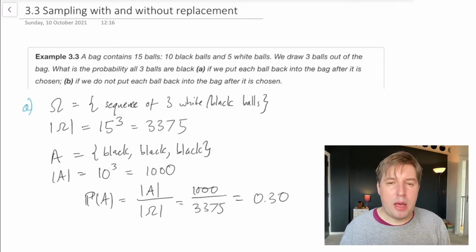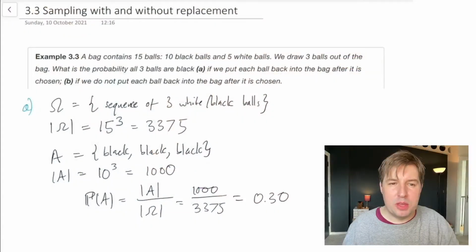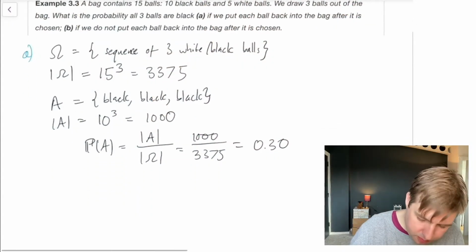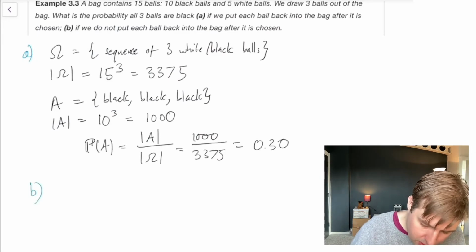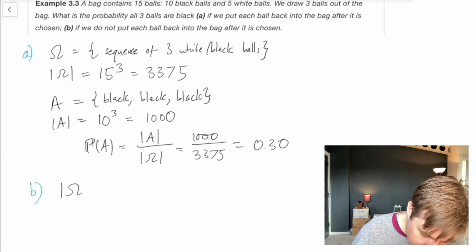Okay, now let's look at part B. Remember that part B is when we take the ball out of the bag, look at what colour it is, and then put it over there, and then take another ball out of what's left in the bag. So, how many elements are there in omega this time? Well, here there are 15 choices for the first ball.